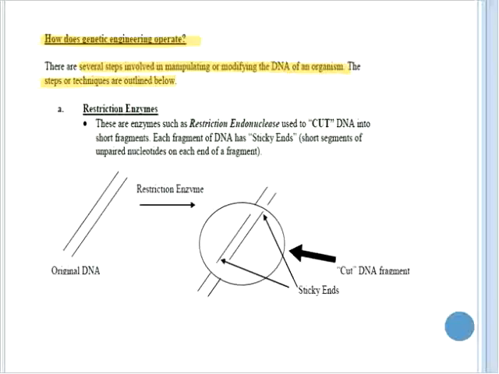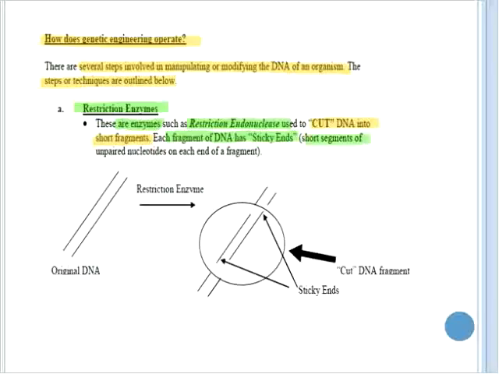One of the first methods used is the use of what are known as restriction enzymes. These restriction enzymes are, as their name suggests, enzymes such as restriction endonuclease. These enzymes are used to cut DNA into short fragments. And each fragment of DNA will have a sticky end.